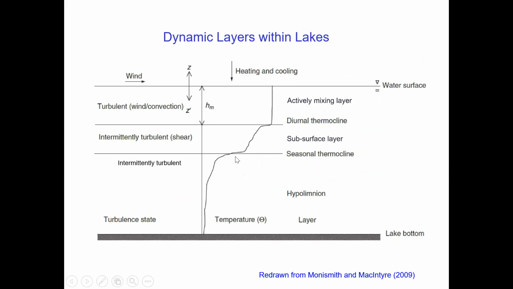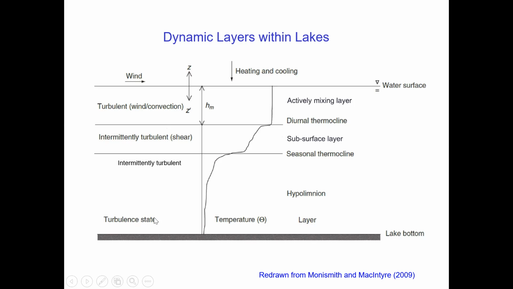This whole layer here above the seasonal thermocline is the upper mixed layer. But now we know that it's subdivided into an actively mixing layer, which is much more turbulent. A little step change will often show, which is the diurnal thermocline. And then below that is a subsurface layer, right? Then the seasonal thermocline and the hypolimnion.